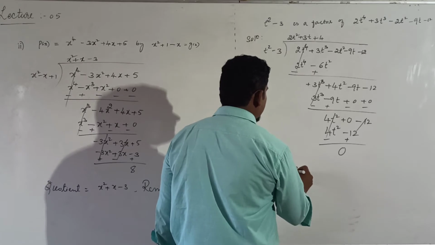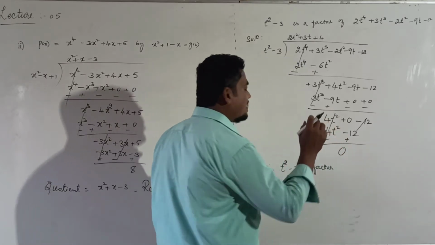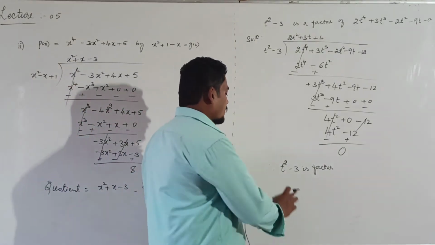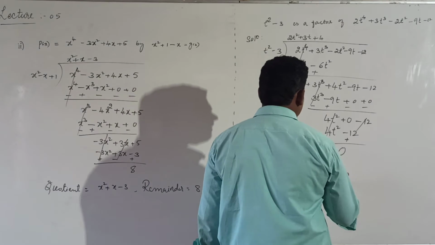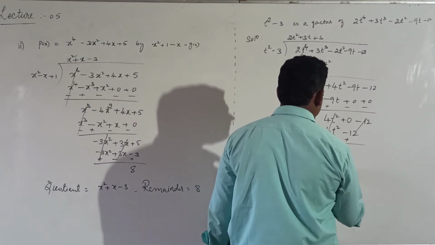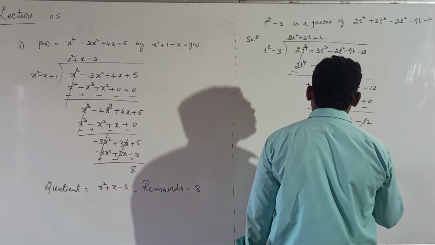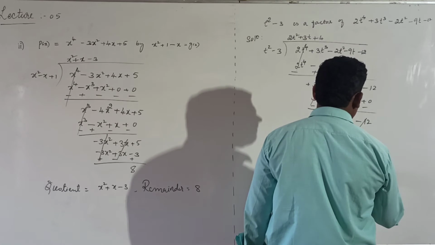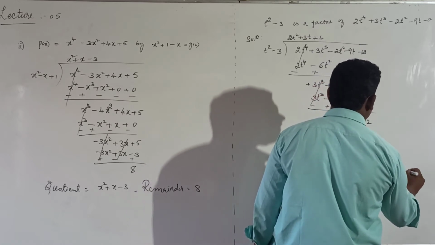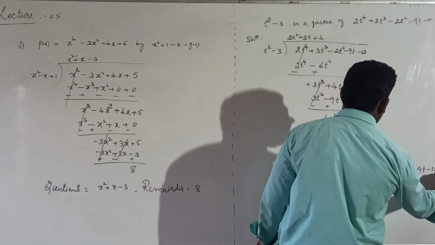Clearly the remainder is 0, therefore t square minus 3 is a factor of 2t power 4 plus 3t cube minus 2t square minus 9t minus 12.